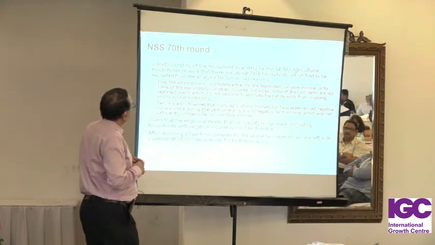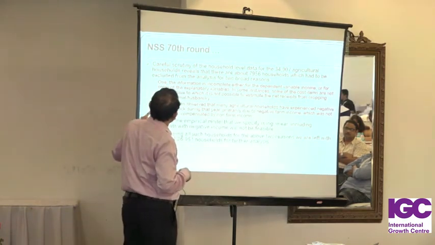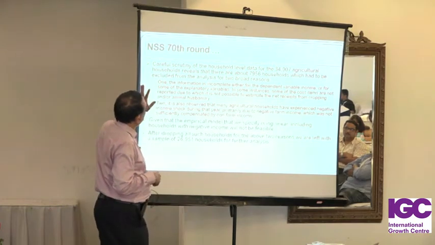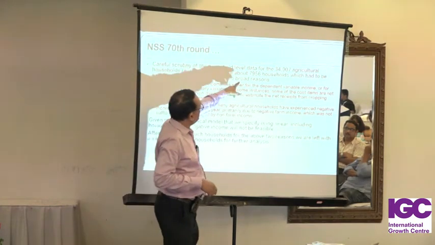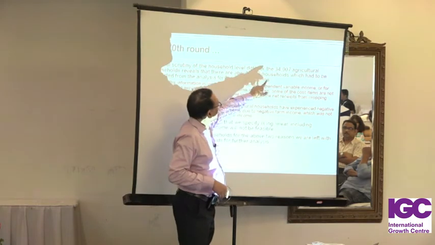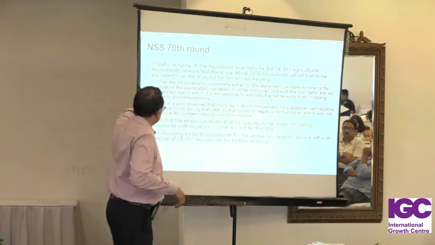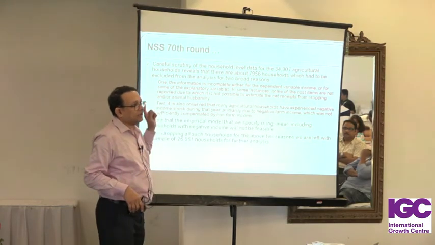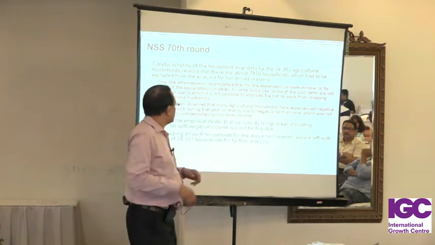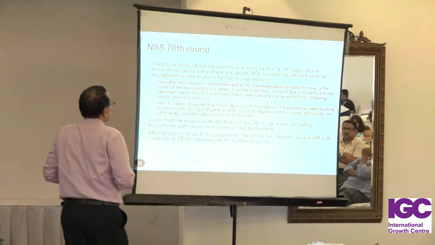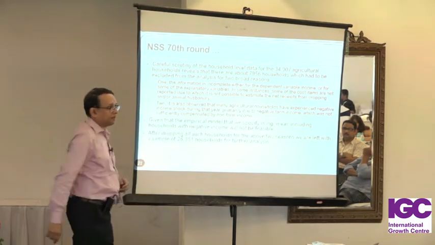Not all of these were because of pensions and remittances, but there is one more critical reason: there were several households which experienced a negative income shock during that year.